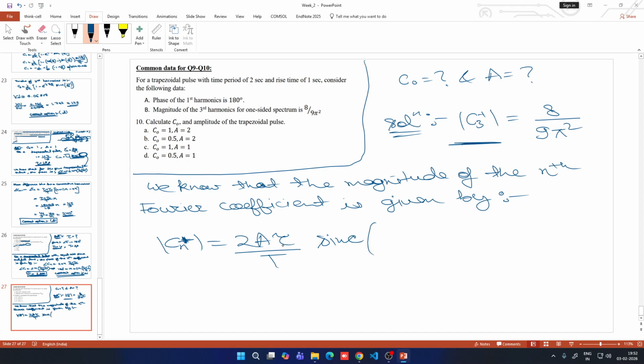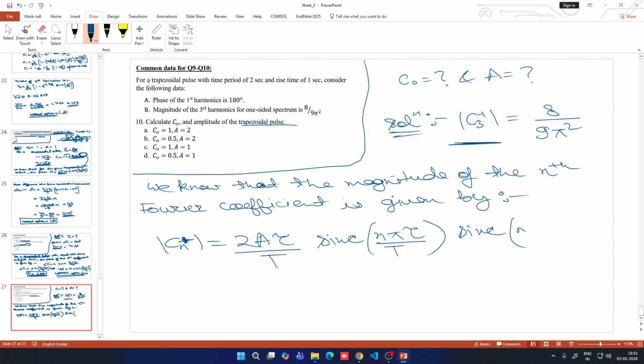sinc. That's what I was saying. Just remember these formulas for the trapezoidal pulse which has the same rise time and fall time, with n pi. If you solve a lot of problems you will automatically remember these formulas, they are pretty simple, because in EMI EMC from now on in all the lectures we will be considering only these kinds of trapezoidal pulses.